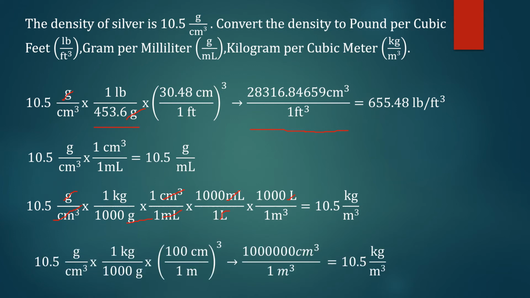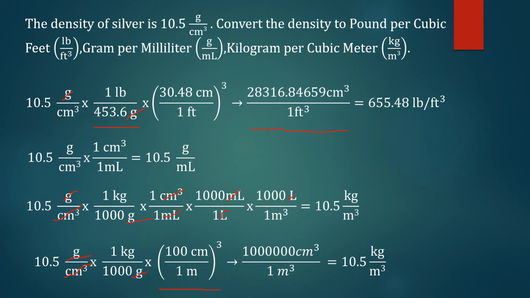As you can see, there is this conversion factor that has been placed again in a parenthesis and raised to the third power. So just like in volume a while ago, we will also be solving this accordingly. We'll be putting the conversion factors, canceling out the like terms, grams, and then the cubic centimeter.